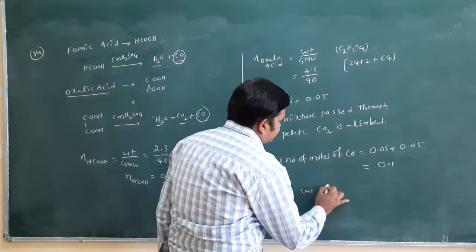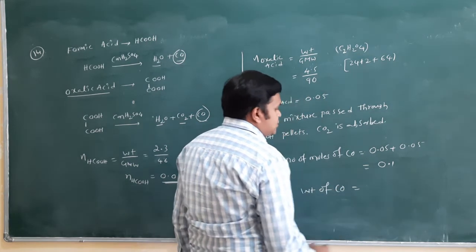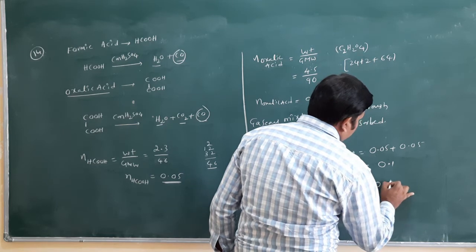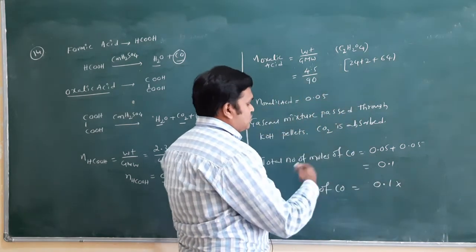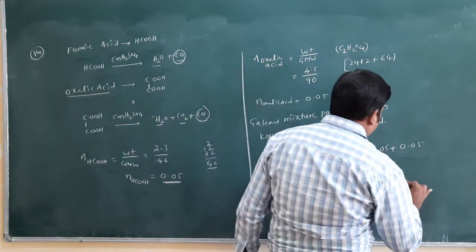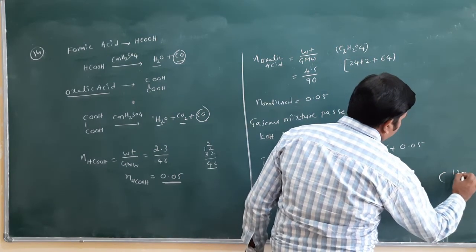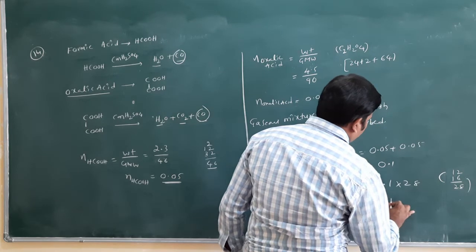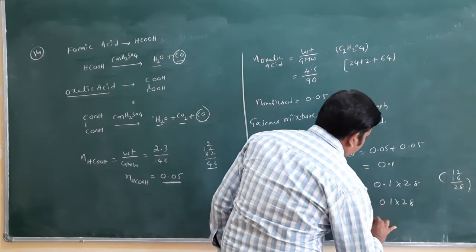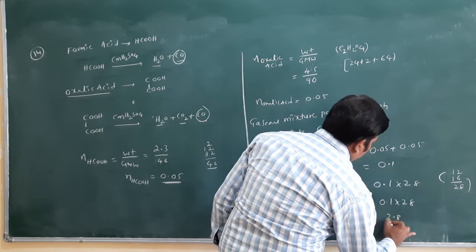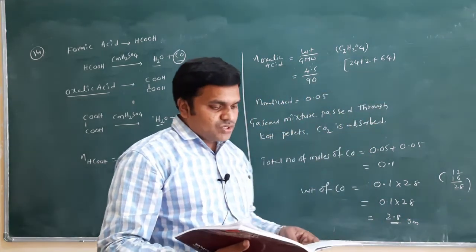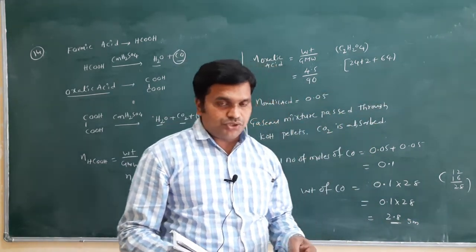Weight of carbon monoxide is equal to the number of moles, 0.1, into the molecular weight of carbon monoxide. How much do we have? 28 only. How? Carbon 12, oxygen 16. So this is 0.1 into 28. What is the answer you will get? 2.8 grams of CO in the reaction only. So you can take option 3 for this question.